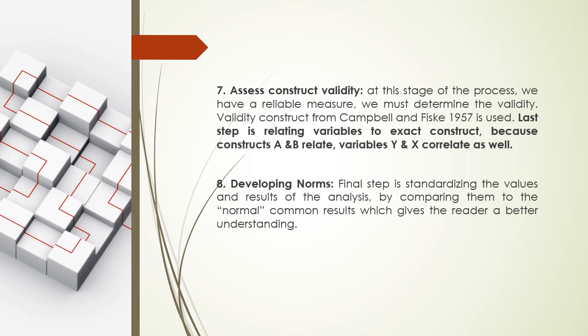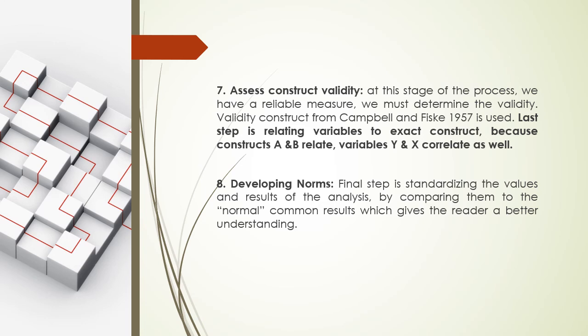However, they do introduce another step in the validity, which is relating our variables directly to our exact construct. So by doing that, we make sure that our data that we collected and the correlations are directly correlated to our exact construct.